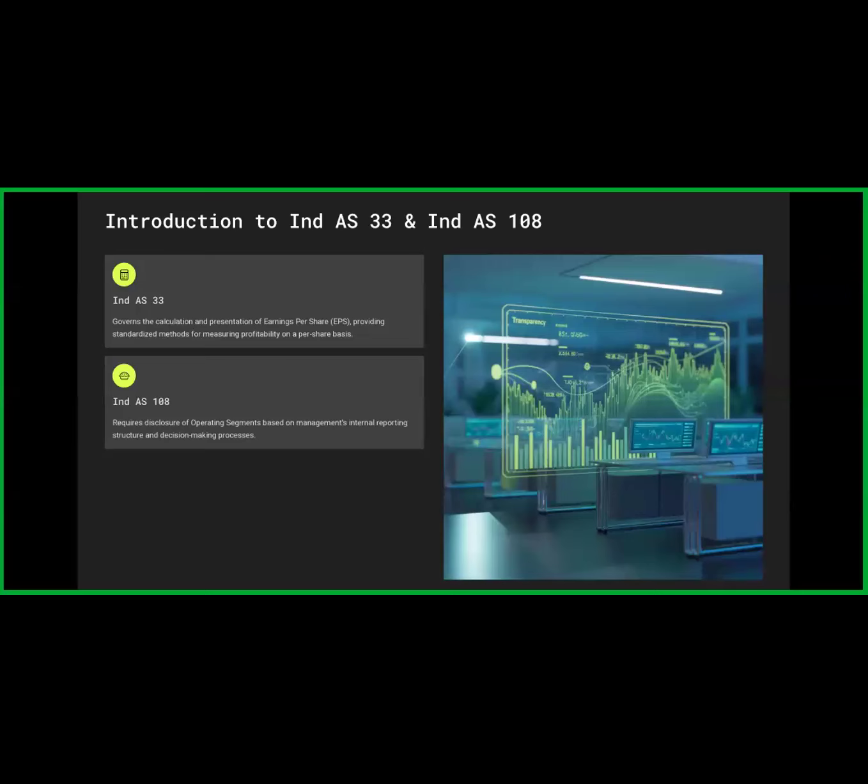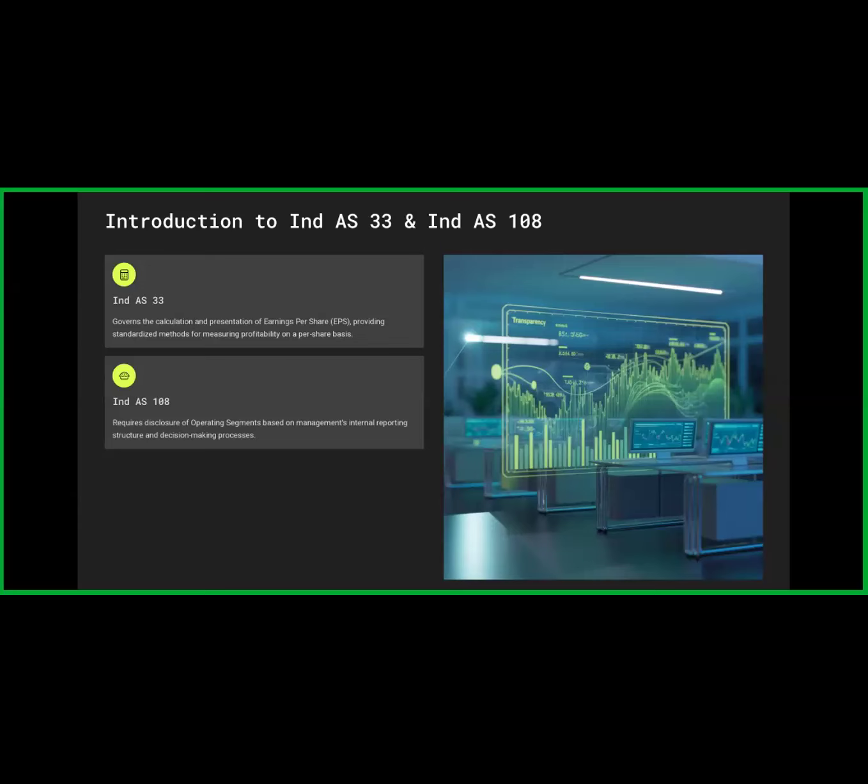Now the generated profit is distributed among the different shareholders in the form of dividend. That is what we call earning per share. That means how much profit the company is generating for each share.